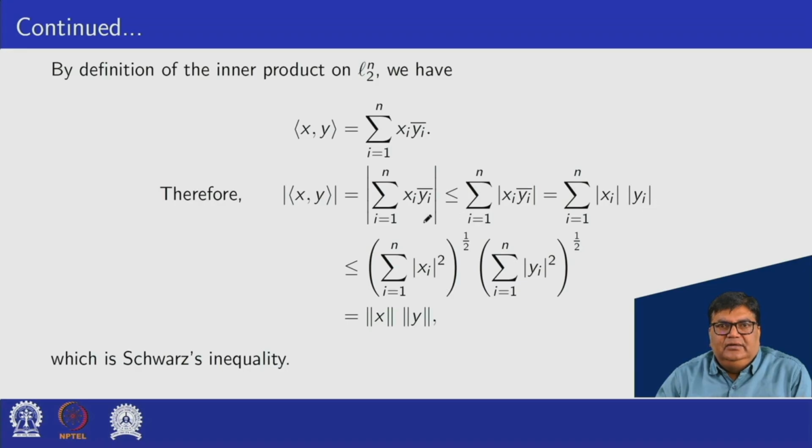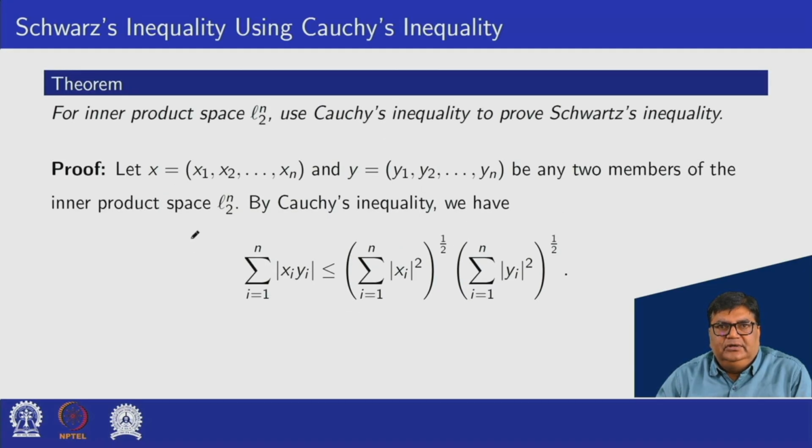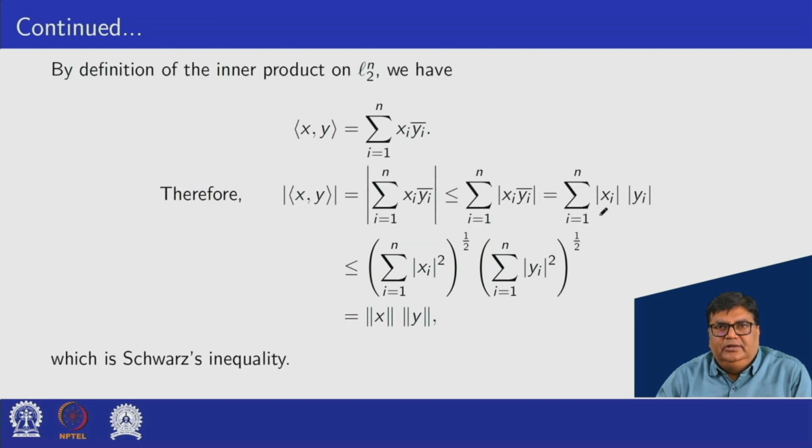Okay. So, using this, we have this is less than or equal to (summation i = 1 to n |xi|^2) to the power 1/2 into (summation i = 1 to n |yi|^2) to the power 1/2. What is this? This is norm x and this is norm y. So, |inner product of x, y| is less than or equal to norm x norm y, which is the Schwarz inequality.